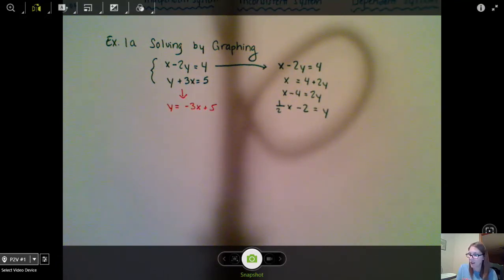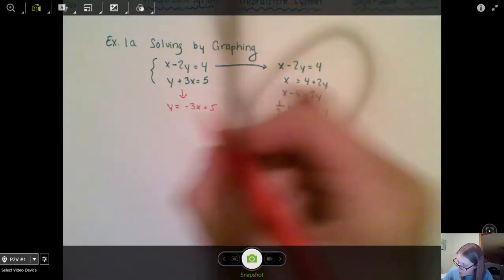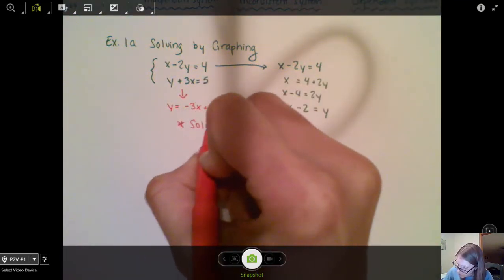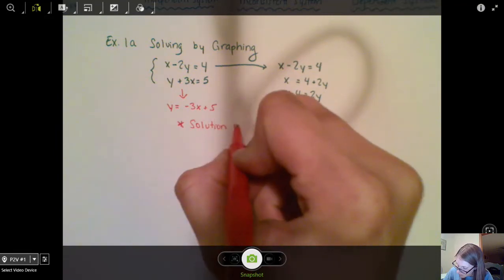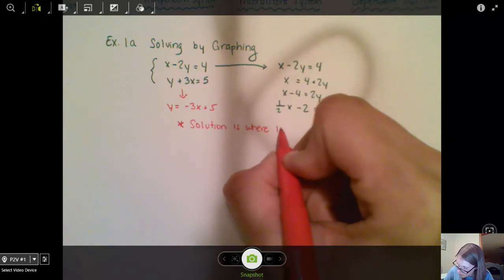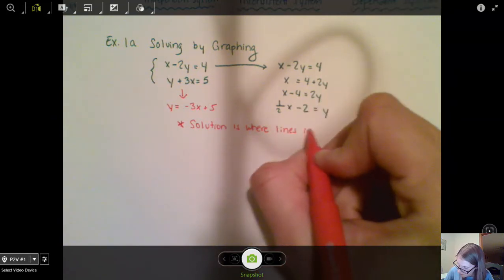All right. Solving by graphing, I need to graph both of my lines here and find where they intersect. So I'm going to add that down here too, that the solution is where the lines intersect.